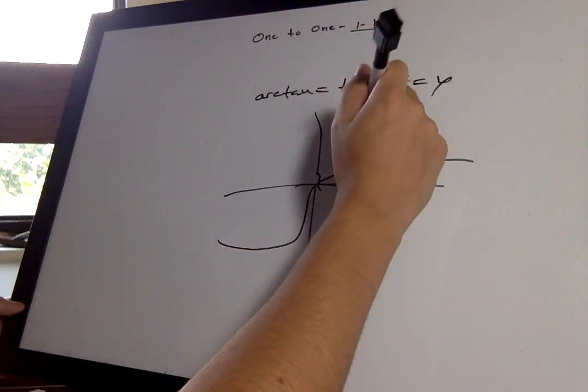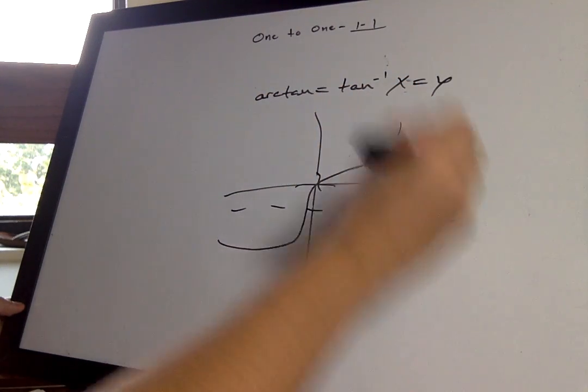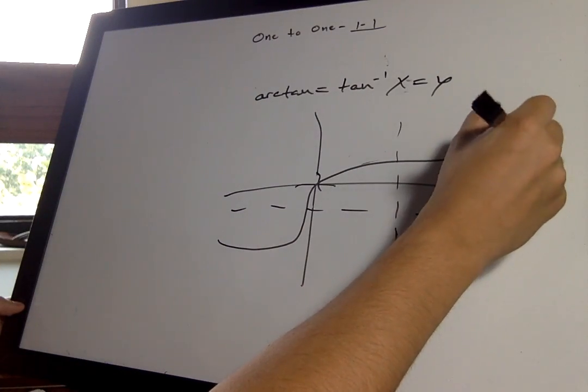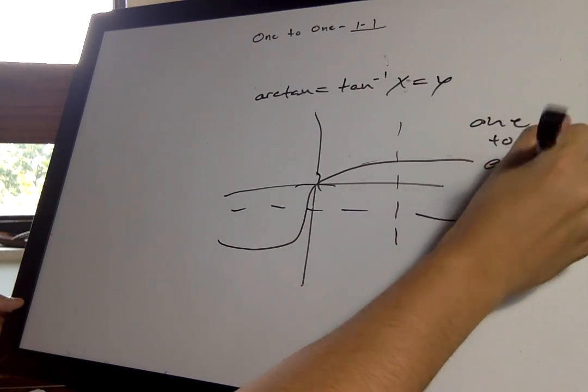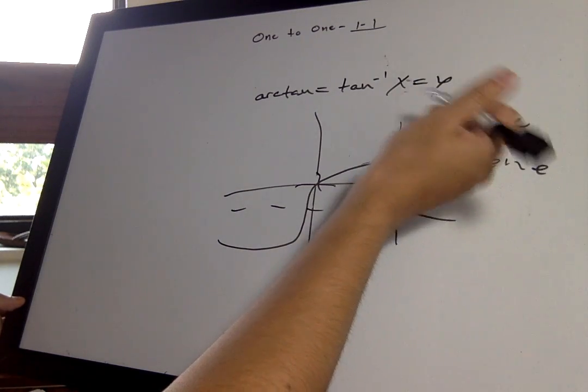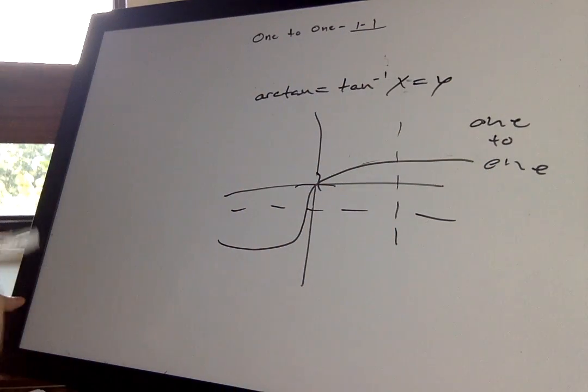And this does pass both the horizontal and vertical line tests. So it's one-to-one, meaning it can have an inverse, but we already know that the inverse of an inverse is the original function, which would be tan x. Thank you.